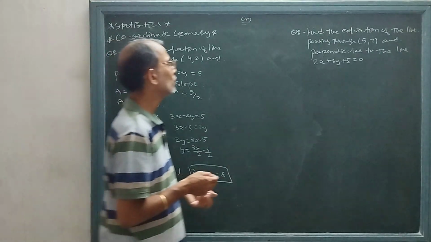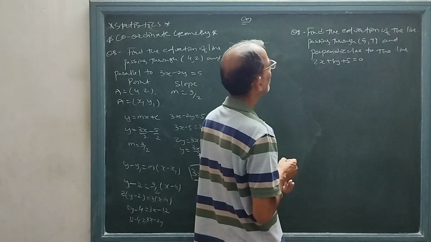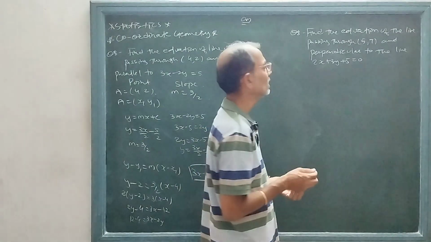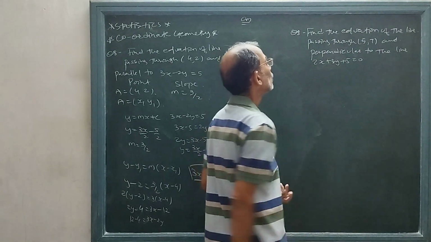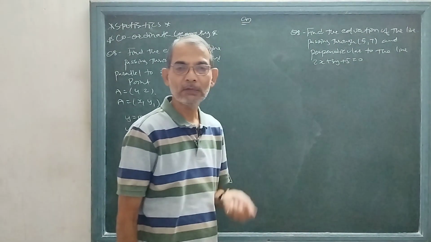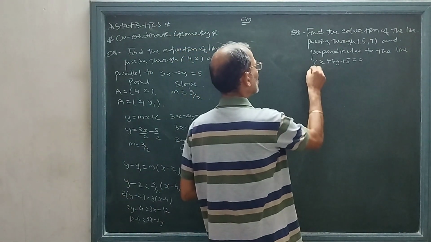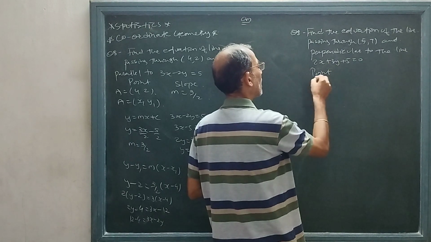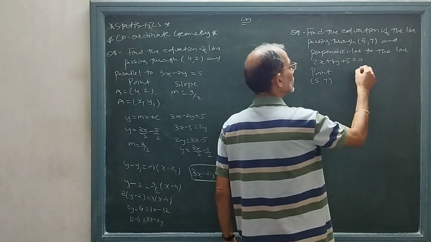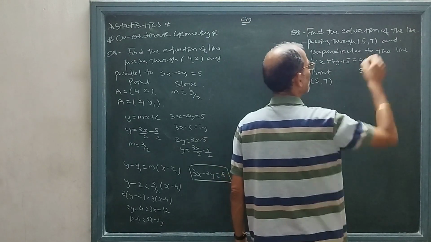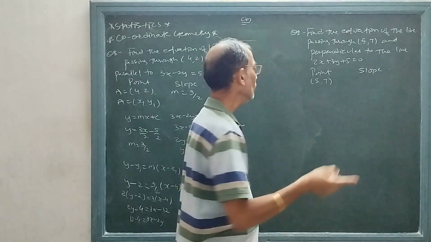Now we come to the second question, that is: find the equation of the line passing through 5, 7 and perpendicular to the line 2x plus 3y plus 5 is equal to 0. Now we already have a point, 5, 7, and we need the slope to find our line.